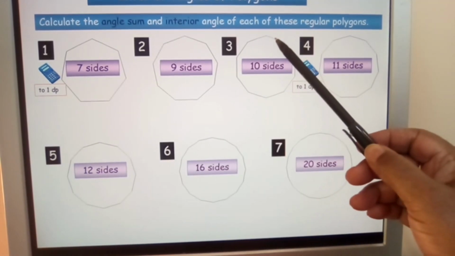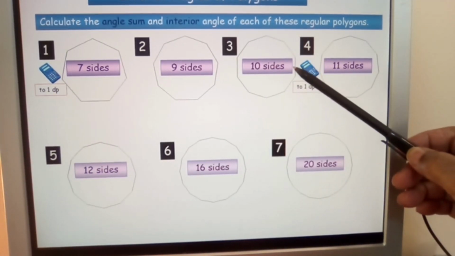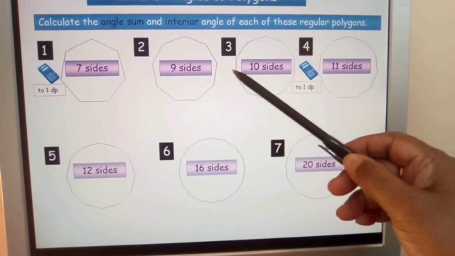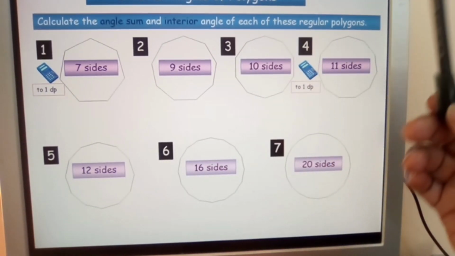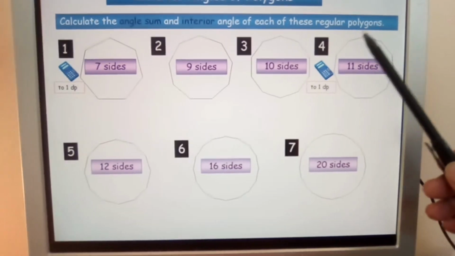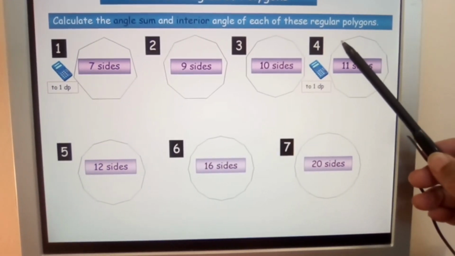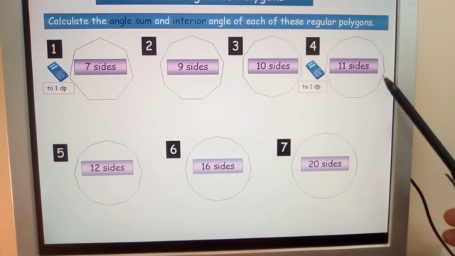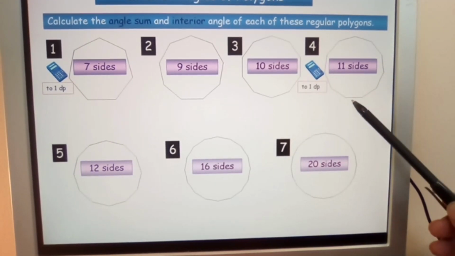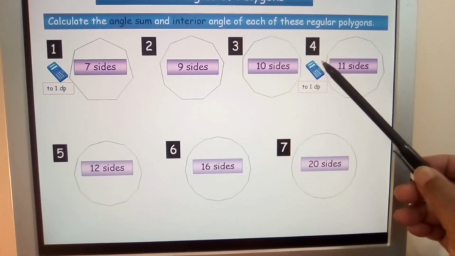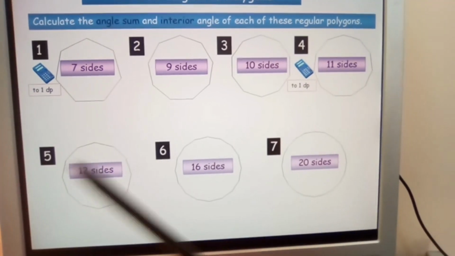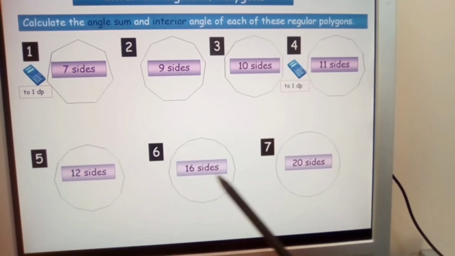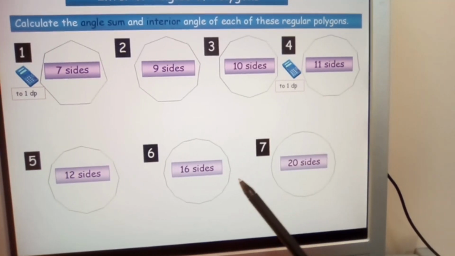Number 4 has 11 sides. Number 5 has 12 sides, and so on, 16, 20 sides, etc.